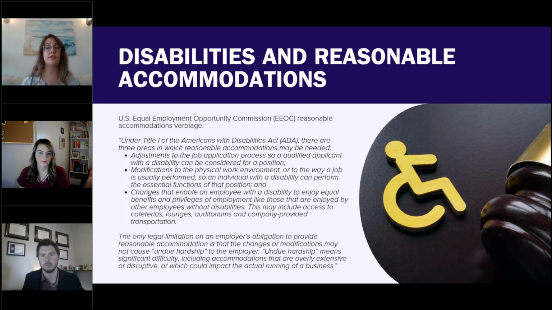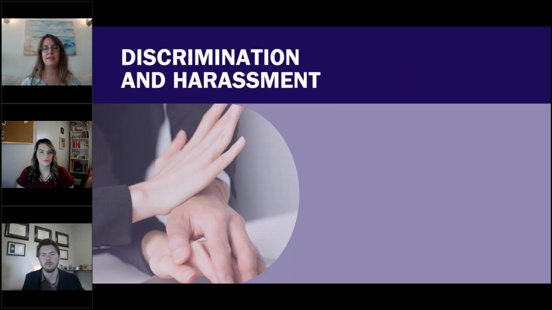You must remember, however, that creating the policy about something like the Americans with Disabilities Act and reasonable accommodations is not enough. You have to clearly define the laws and inform the employees of their rights, but you must also explain what an employee can or should do if they have a question or a claim. This is also important when it comes to discrimination and harassment claims. So I'm going to talk about that next.